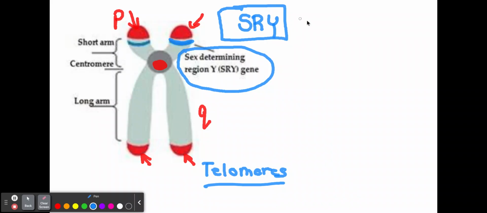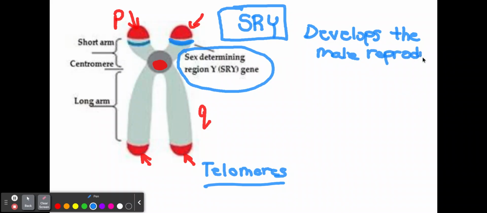So this gene, and let's write this down. It's the primary genetic factor. And what it does is it helps develop male sexual development. It helps develop the male reproductive glands. So let's have there. It develops the male reproductive glands.